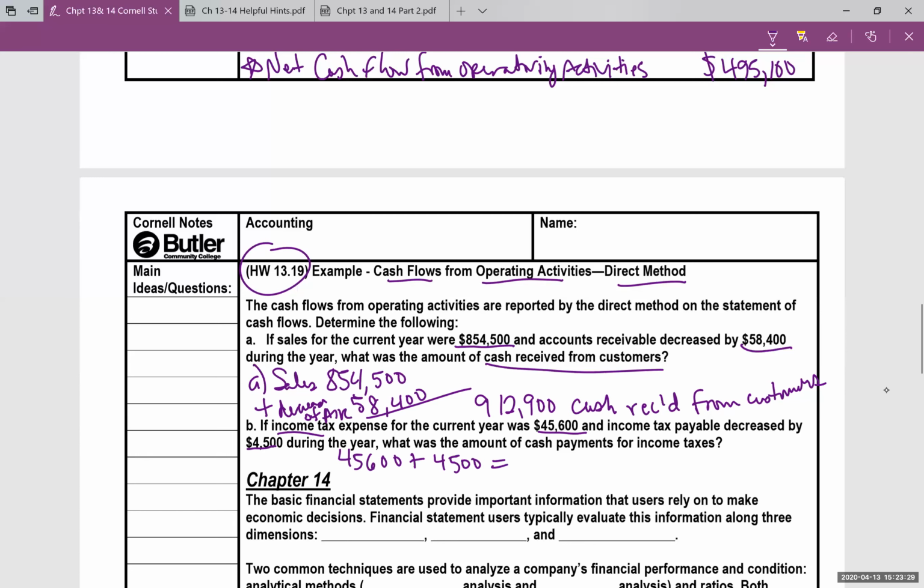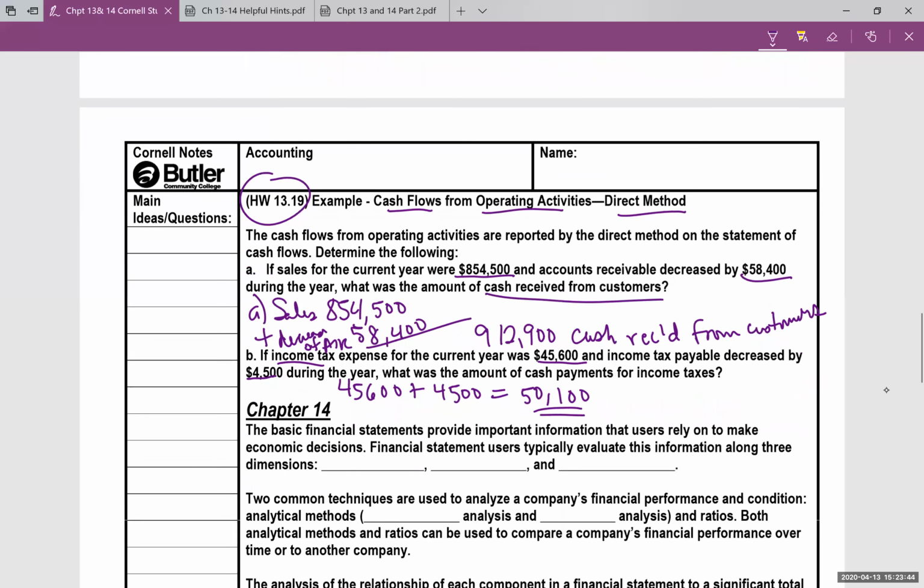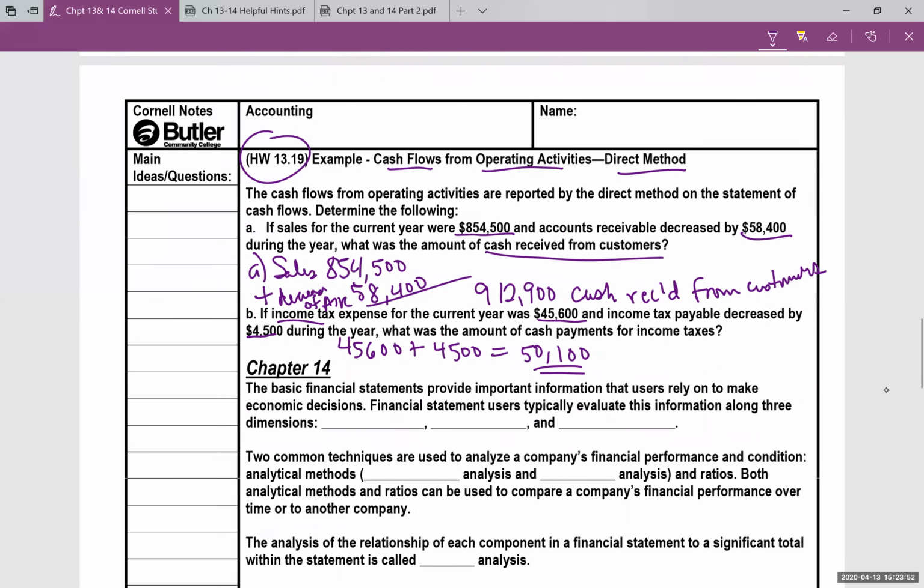And what you did is the amount of cash payments for income taxes was, oh, $50,100. There we go. Okay, so use that as a guide on 13.19. There's a part 2 of this lecture. Come back and watch it because it's going to deal with the bigger problems in chapter 13.